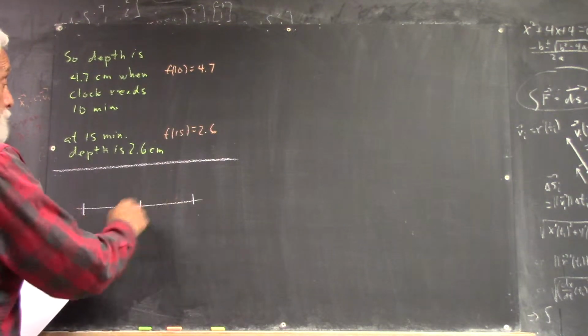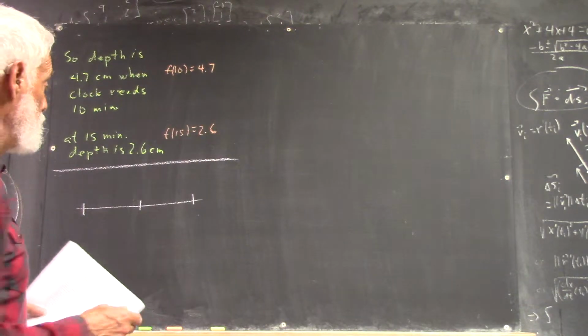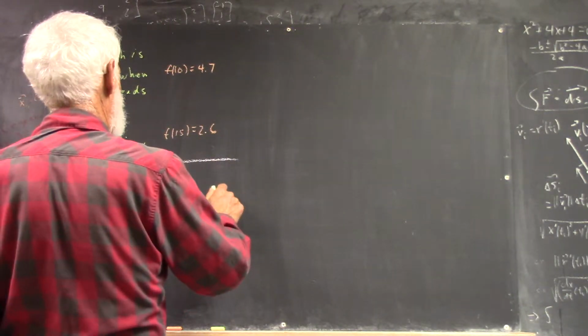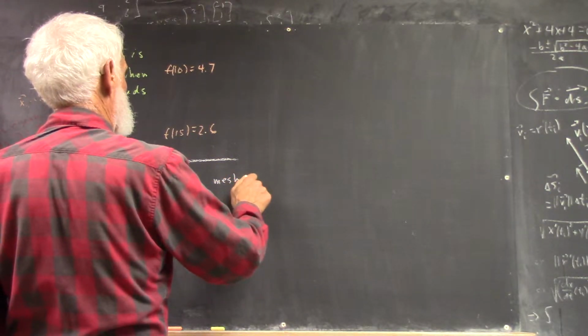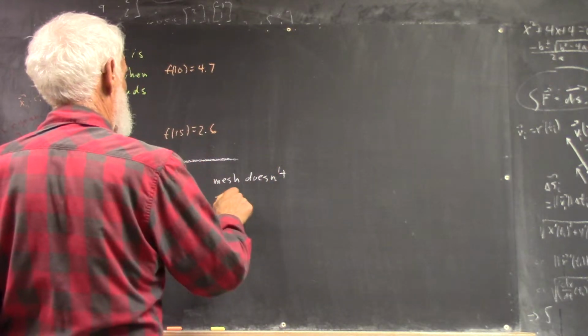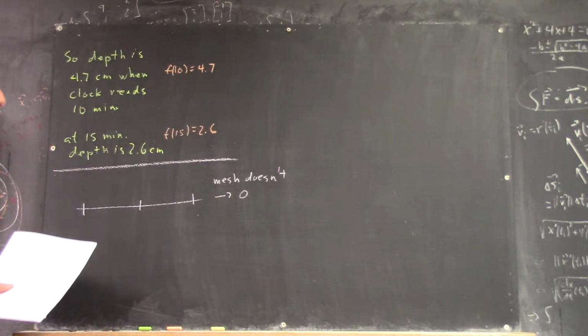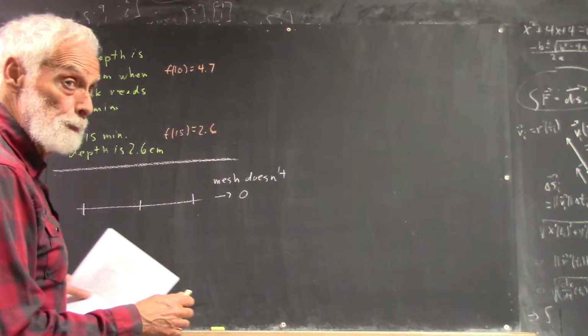Here's an interval, right? Okay, I'm going to do a partition where the mesh doesn't approach 0. Here's a perfectly good partition. You ready?